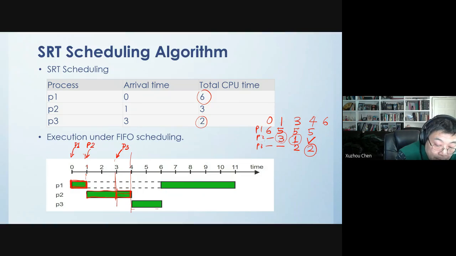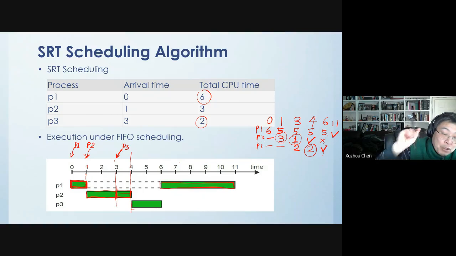At time 6, process 3 finished the job. Process 2 is not available anymore, and process 1 has 5. Now process 1 is the only one in the ready list. So process 1 completes the job at time 11. Okay.